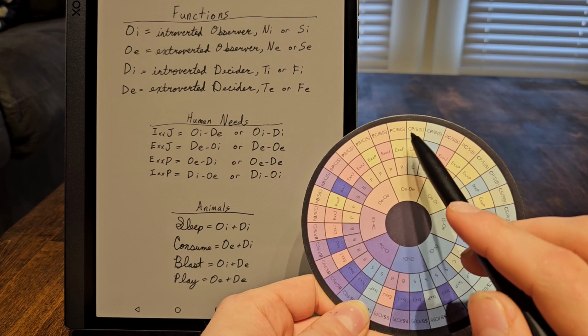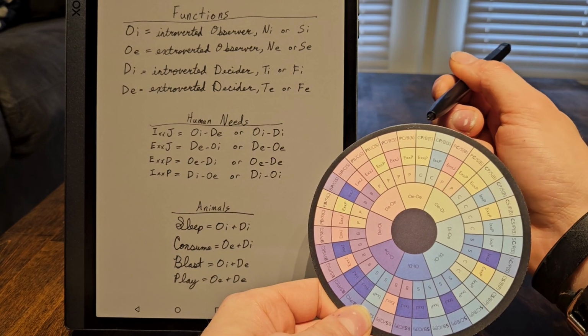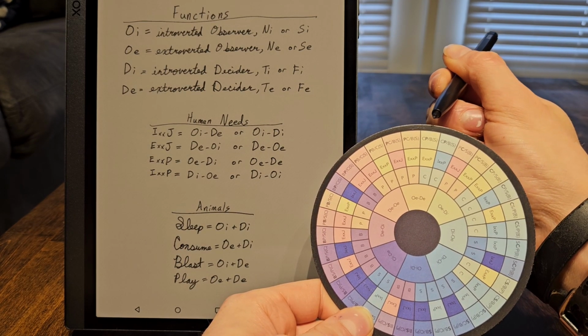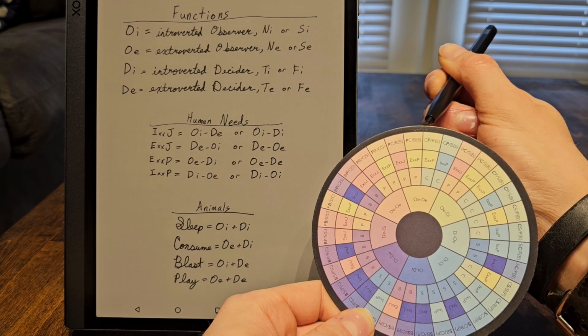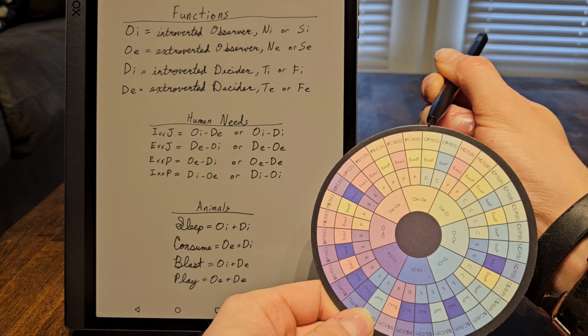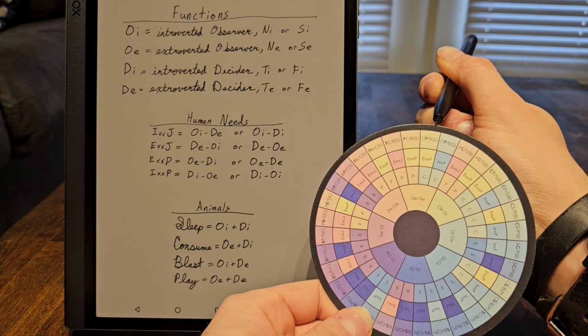And then the play is OE plus DE. So in those first 3 animals, we actually hit play twice, right? Because we hit OE with the consume once, then we hit play and we hit OE twice, then we hit DE for the first time, and then with blast, we hit DE for the second time, right?